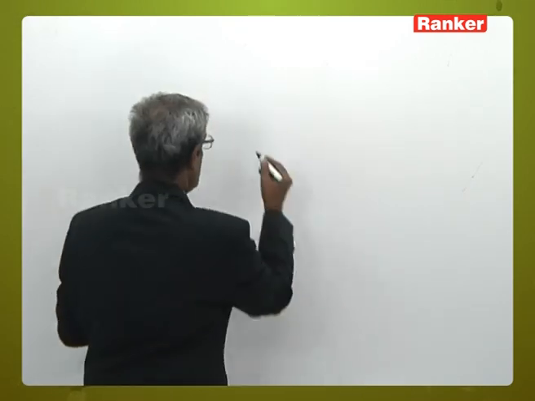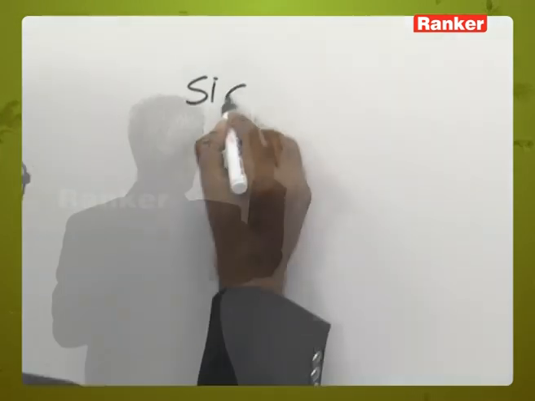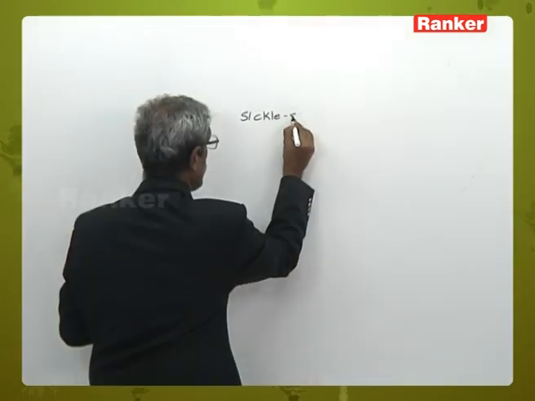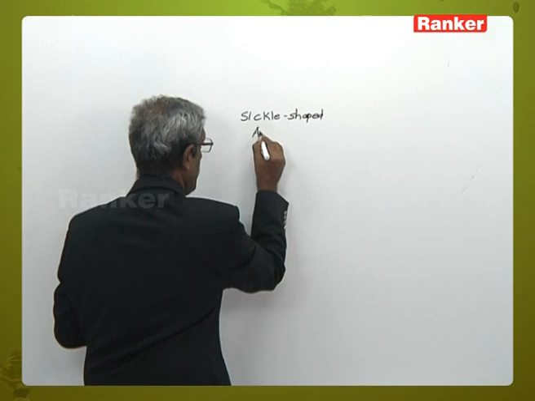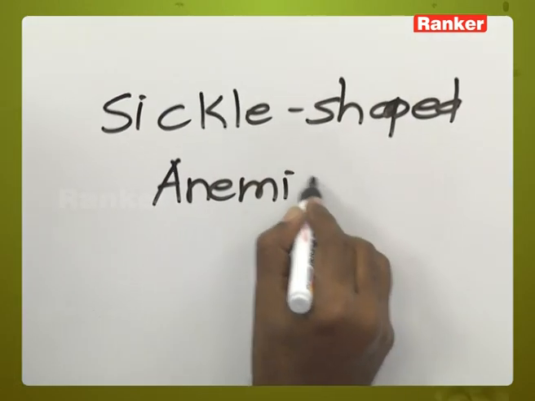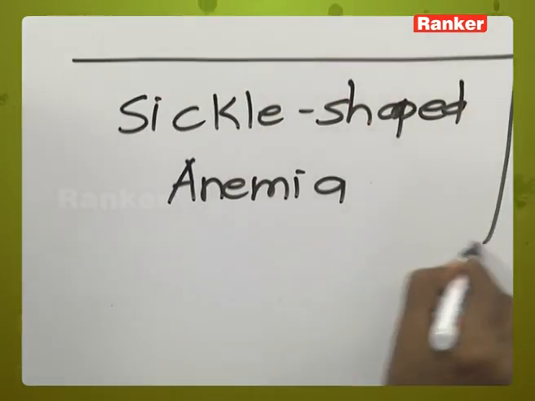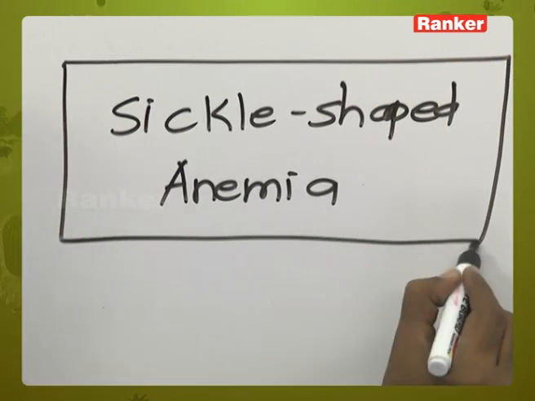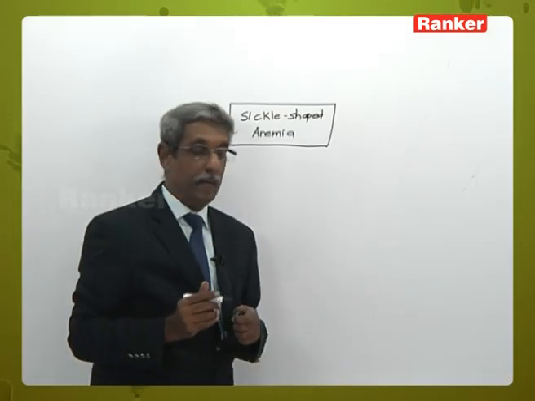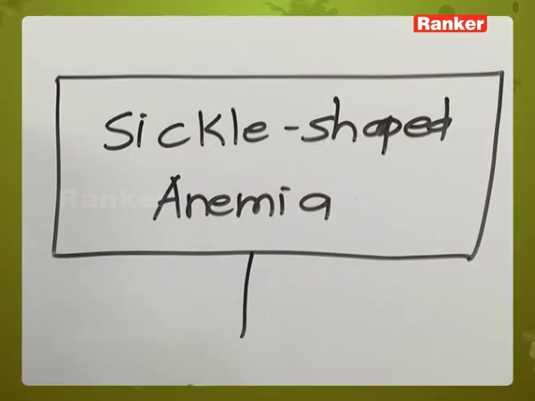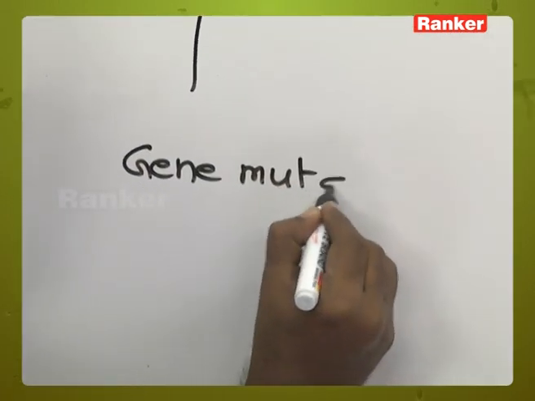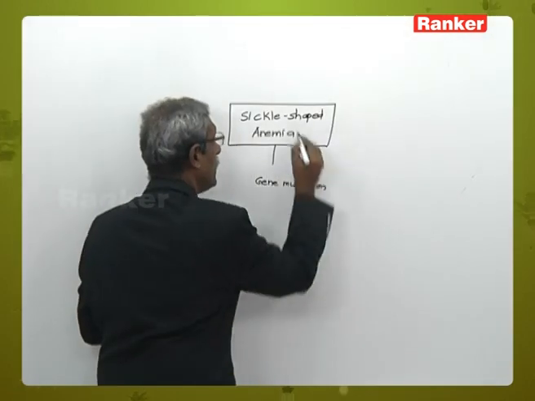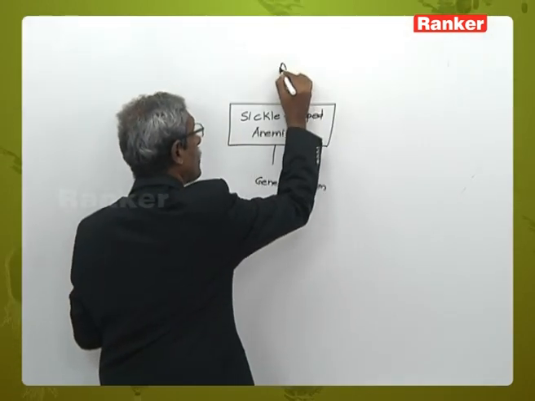We are going into another study which is termed sickle-shaped anemia. Sickle-shaped anemia is due to a gene mutation in the autosomes.